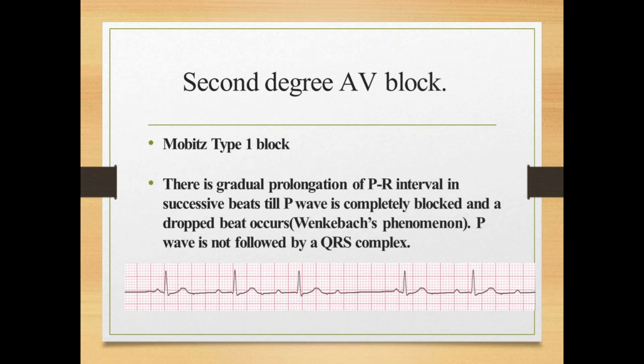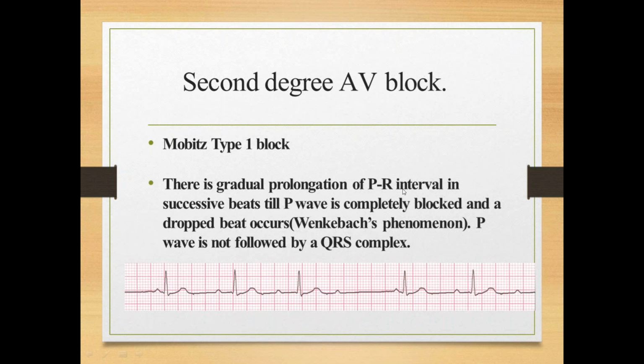Coming to second degree AV block, that is Mobitz type 1 block. There is a gradual prolongation of the PR interval. So it starts off here, you can see the PR interval, again further prolongation of the PR interval, then again further prolongation, and then there is a skipped beat.